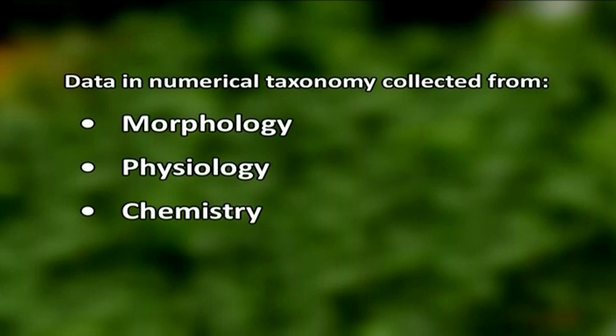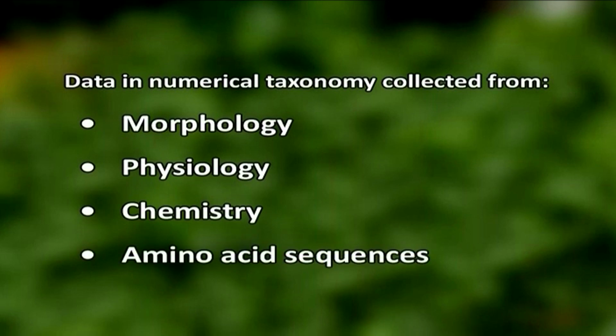of information. The data in numerical taxonomy are collected from more diverse sources such as morphology, physiology, chemistry and amino acid sequences as compared to the conventional taxonomy. Numerical taxonomic work can be done by less skilled taxonomists.